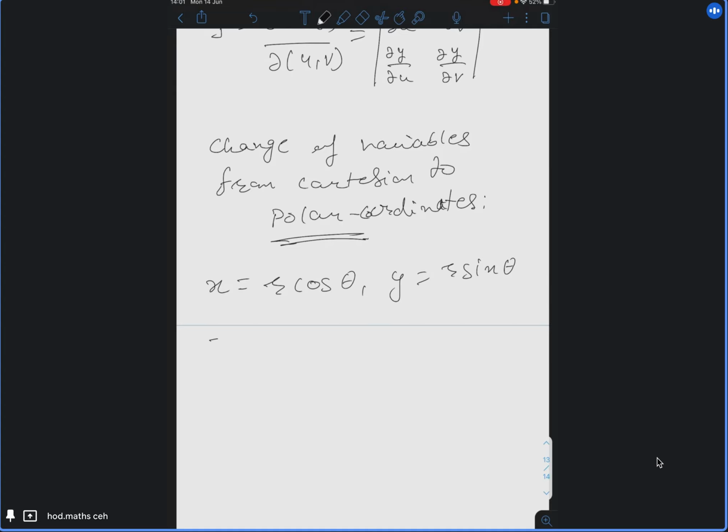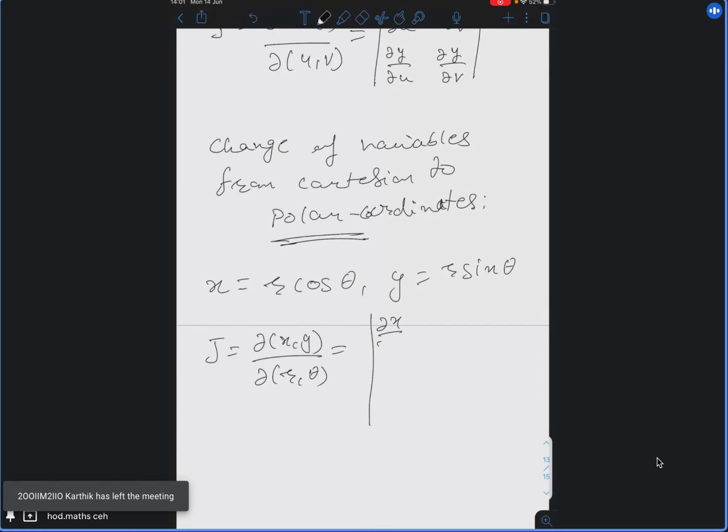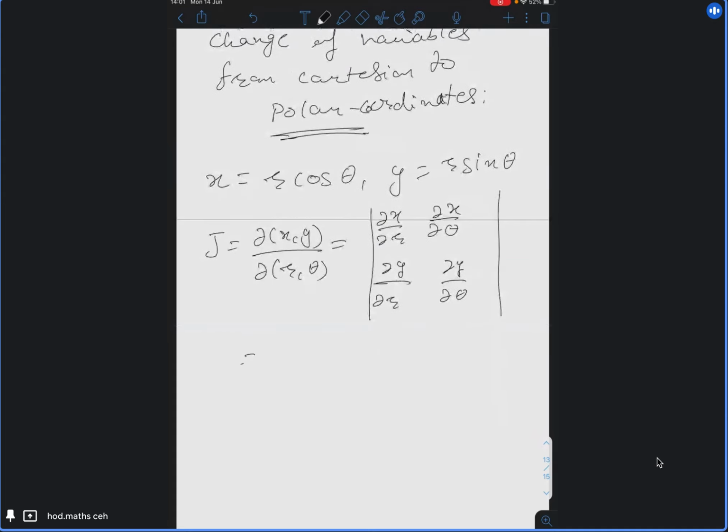Now we need the Jacobian also. Jacobian of xy with respect to r theta. That will be dou x by dou r, dou x by dou theta, dou y by dou r, dou y by dou theta. Now calculate this. Dou x by dou r, what will you get? Cos theta. Dou x by dou theta will be minus r sin theta.